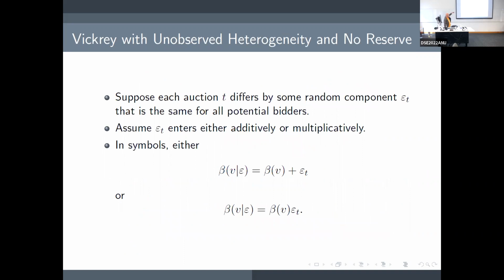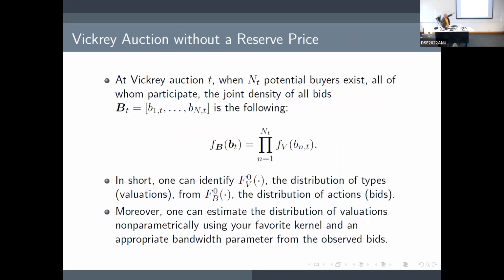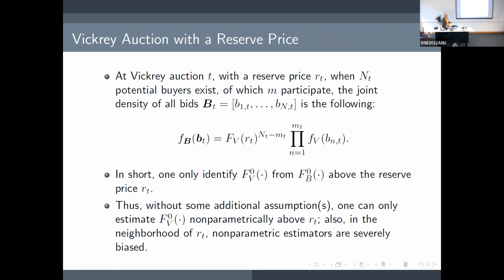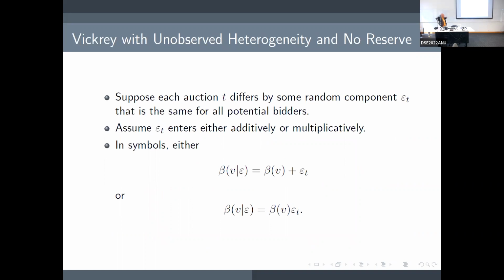Now, getting back to this model here, which should have this property, right? What if it doesn't? Well, one way to introduce something is that every auction is terminally unique.